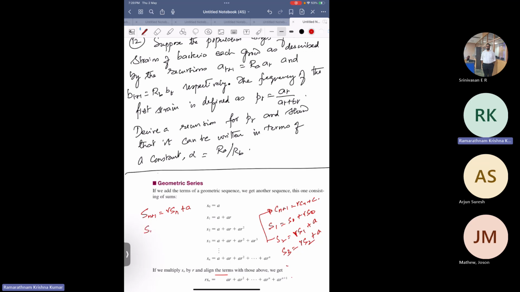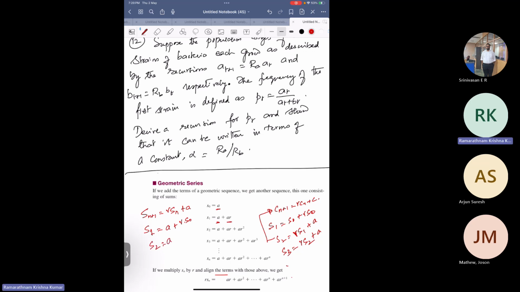So let us say S1. S1 is equal to A, that A is here, plus AR. S naught is A, so it is R into S naught. It satisfies this equation. Let us look at S2.